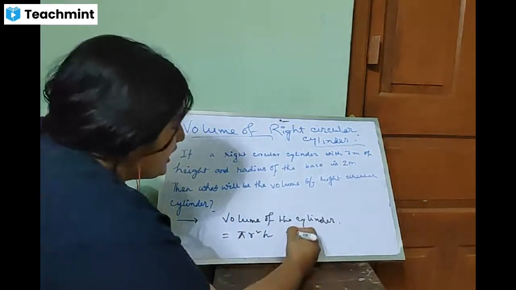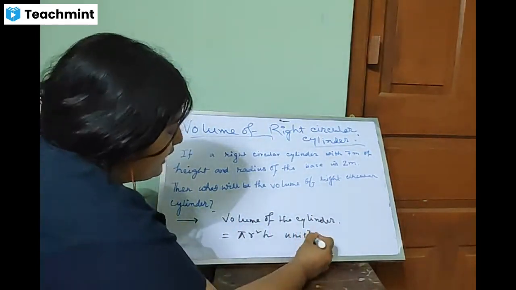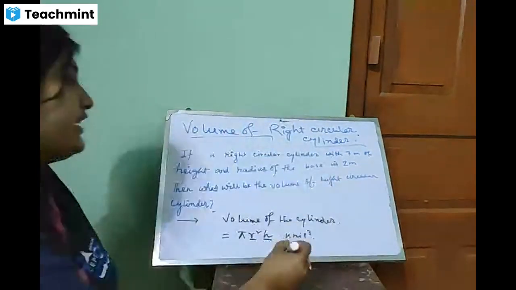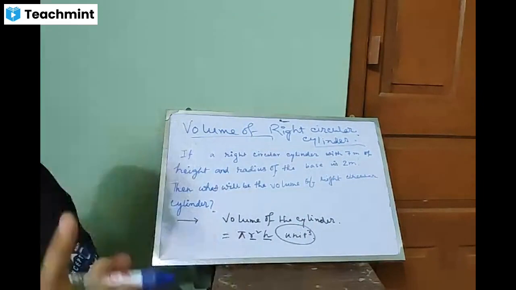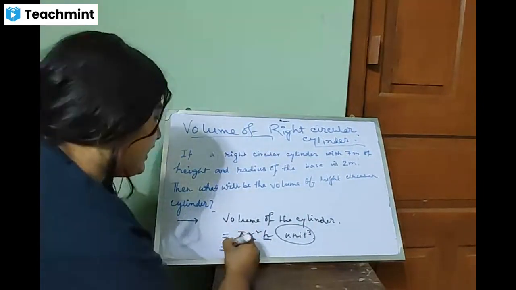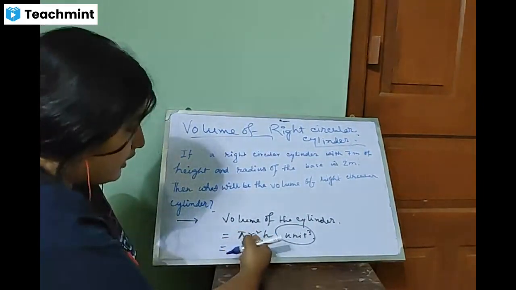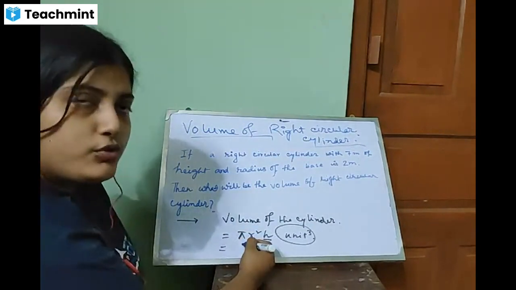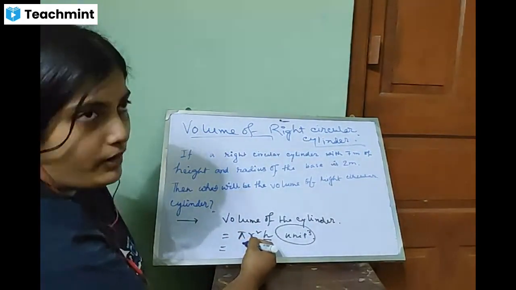What is the unit? Here 2 units and here 1 unit multiplied together, we get 3 units, so cubic unit. Here we put the value of pi as 22/7 or 3.14.